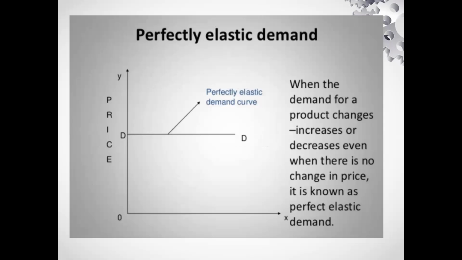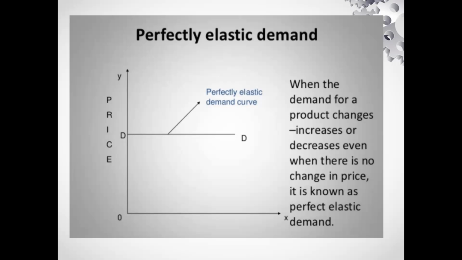Now we will see what perfectly elastic demand is. When the demand for the product changes or increases even when there is no change in price, it is known as perfectly elastic demand.